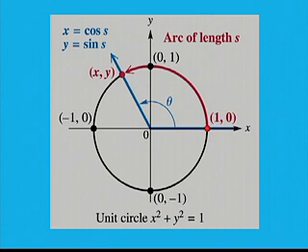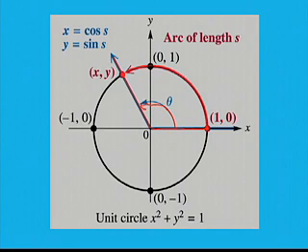In this particular case, I am going to begin to wrap the number line around the unit circle like this. And in particular, I'm going to stop at the point (x, y), which is, of course, the terminal side of this angle theta in standard position. And here's my angle theta.